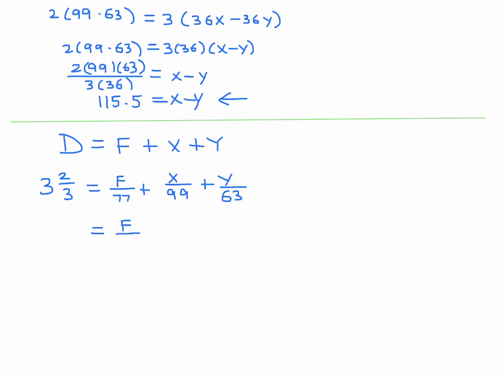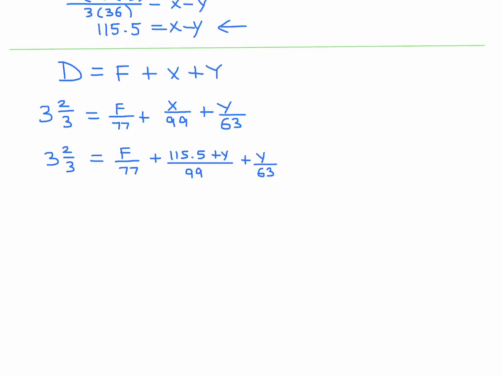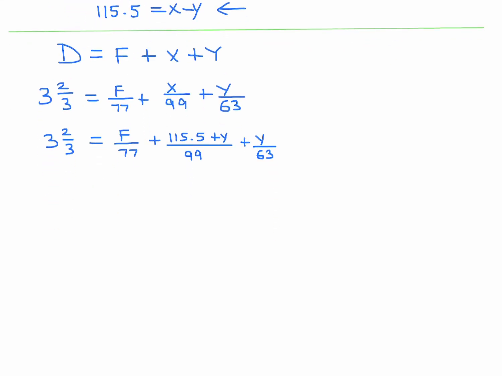I can substitute for x, I can substitute 115.5 plus y over 99. And that's going to be equal to 3 2/3. Okay, so now we got to do a little bit of algebra here.